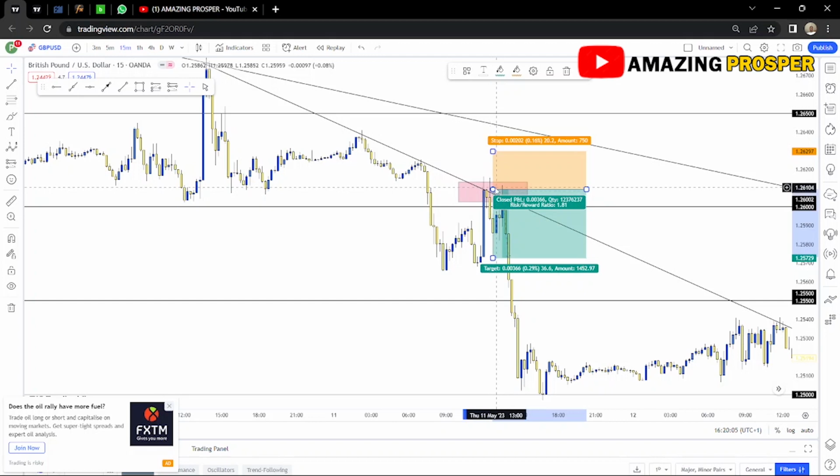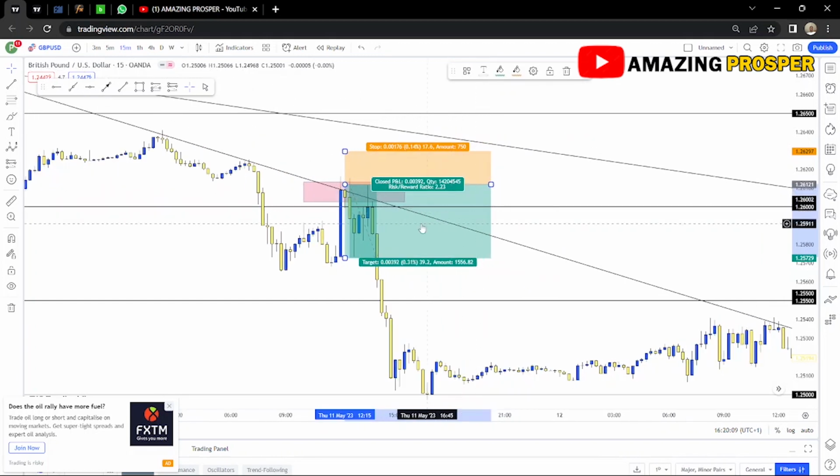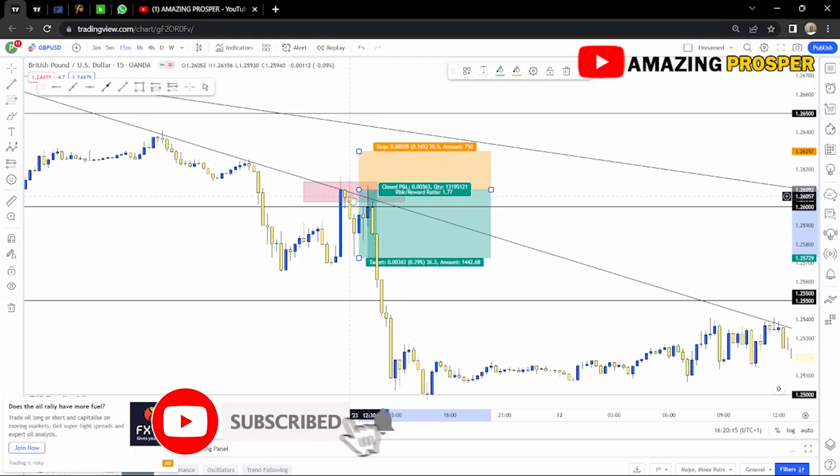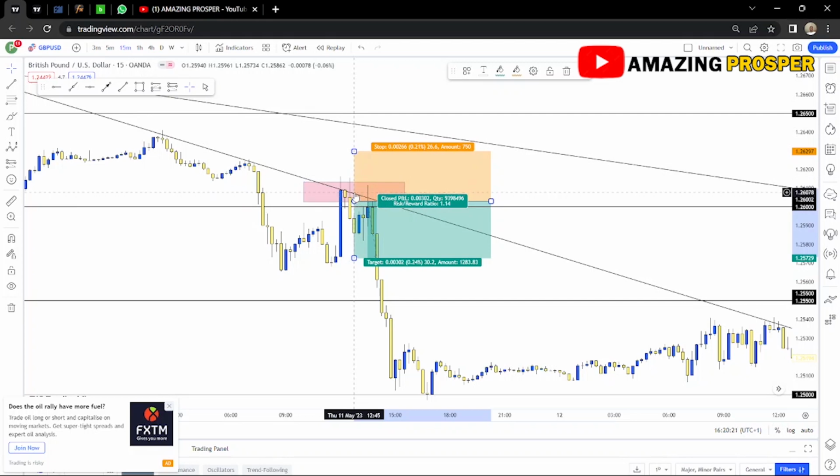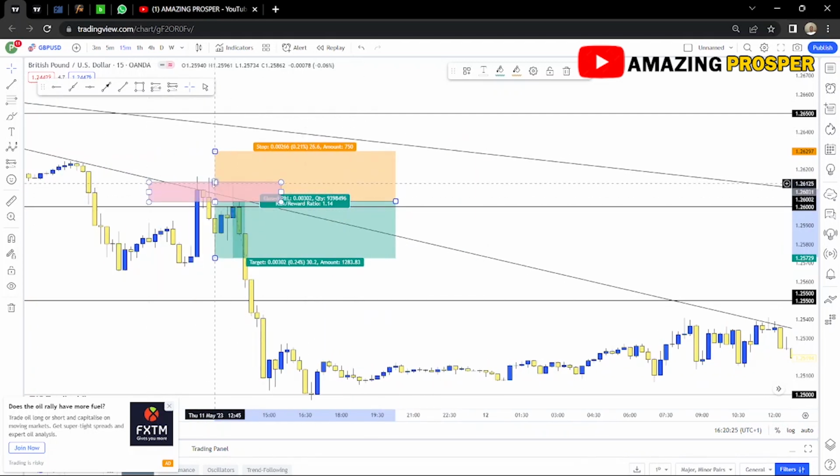This is where I will get in. First of all, after this long push and this candle that just printed with a weak rejection, the market got somewhere here and started rejecting from here.